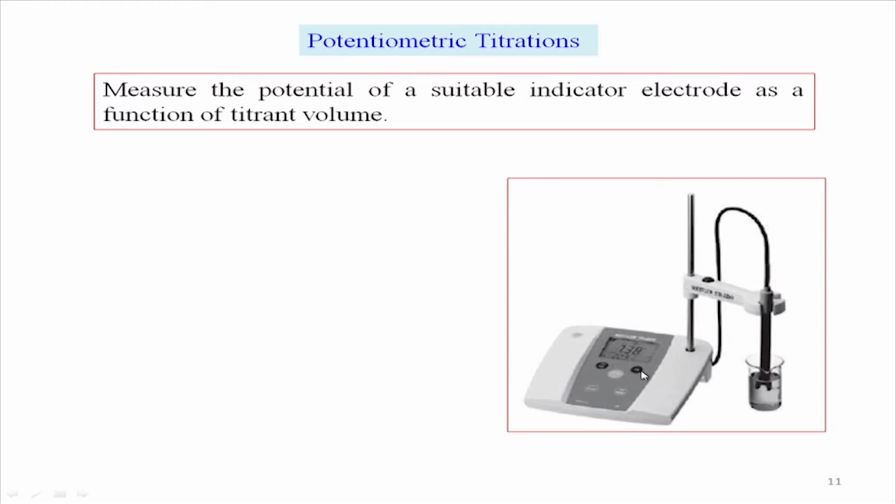You can directly measure the magnitude, for example 7.38 from this display, in terms of the pH, or you can switch to the other reading for millivolt measurement, because what we measure is the electrode potential, and that electrode potential is directly converted to the corresponding values of pH. So, it is either a pH meter or an electrode potential measuring device.